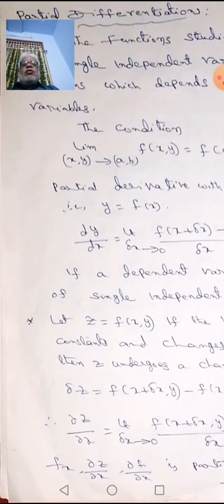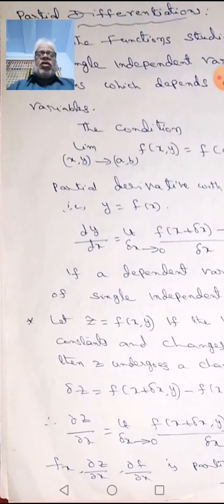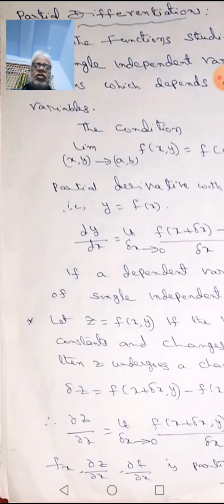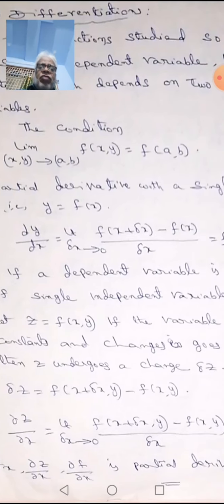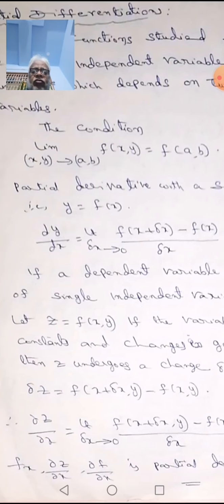For partial differentiation, x changes to x plus delta x, and the second variable is y. Then del z is defined as f(x plus del x, y) minus f(x, y).